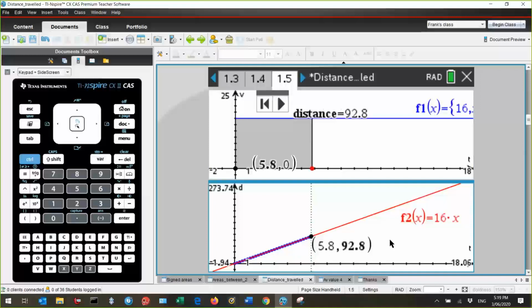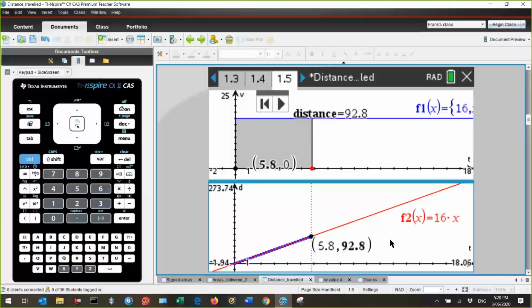So I think that's a very simple illustration of the area under the speed-time graph, giving you the distance travelled in a straight line. And it's also a very easy to understand illustration of the fundamental theorem of calculus, because 16t is an antiderivative of 16.